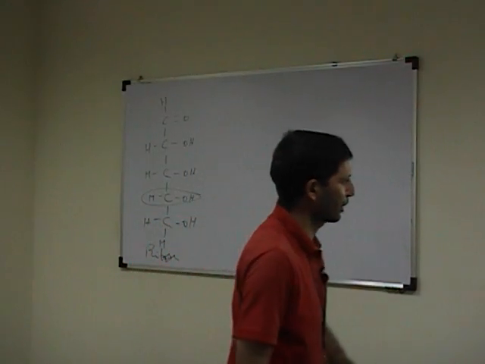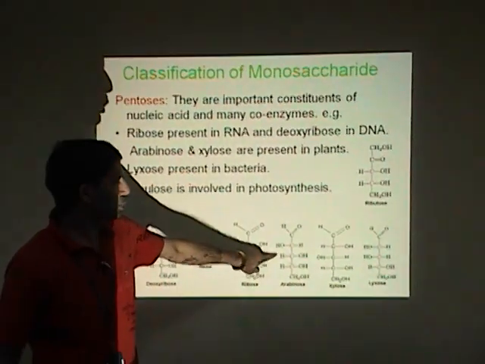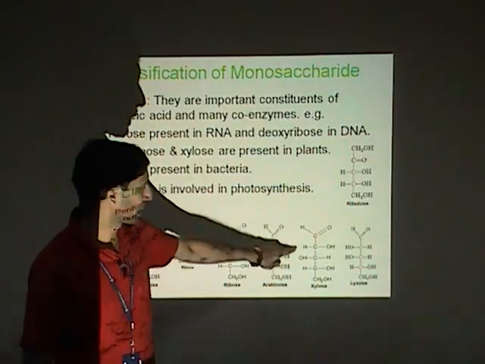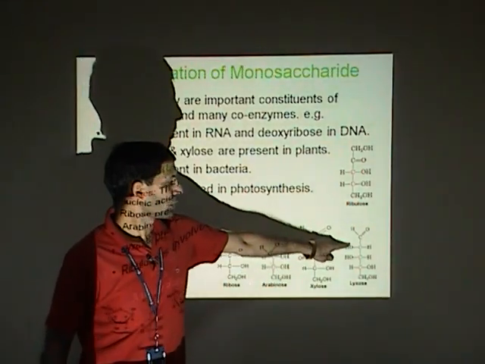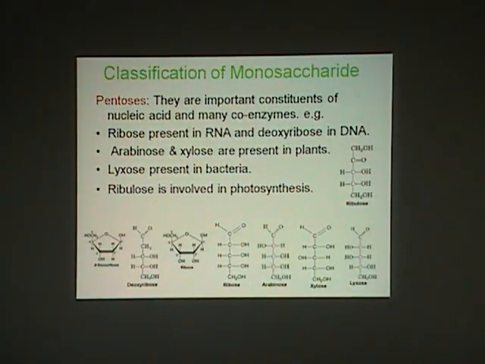You can see here, ribose. Arabinose at the second carbon, OH changes; when third carbon, xylose; and when second and third both, then lyxose. Because at fourth carbon there will not be change.